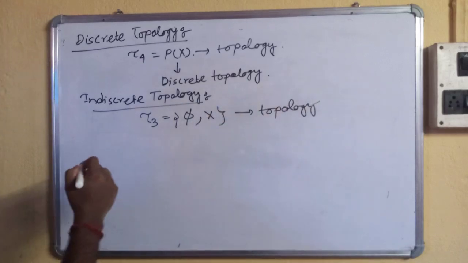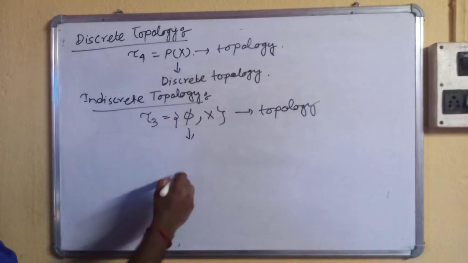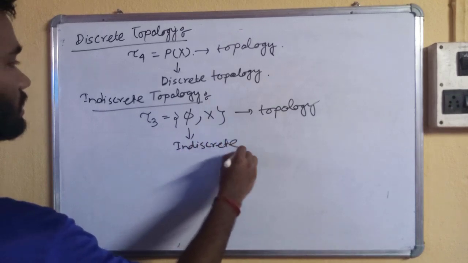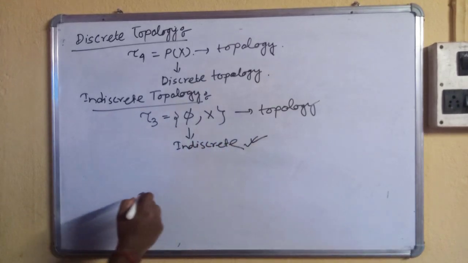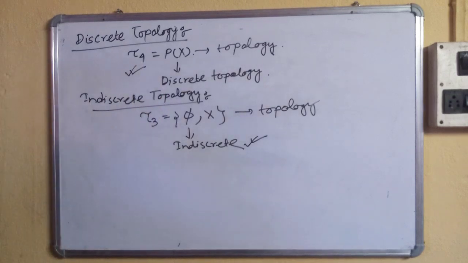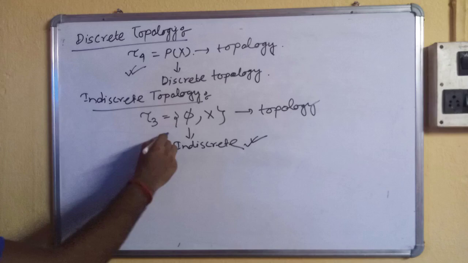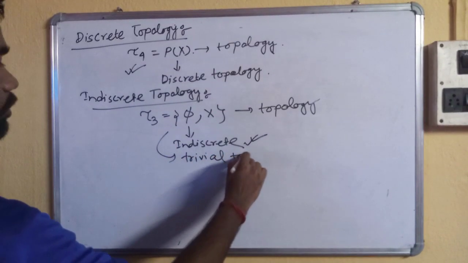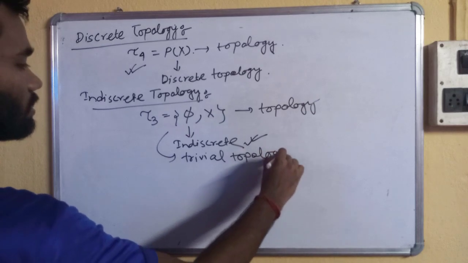We have seen it. This topology is indiscrete topology. This is the smallest topology of x and the discrete one is the largest topology of x. Sometimes it is called the trivial topology.